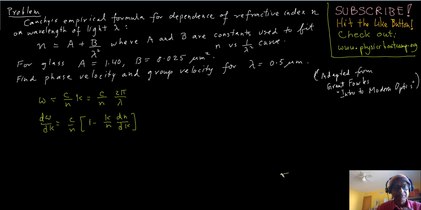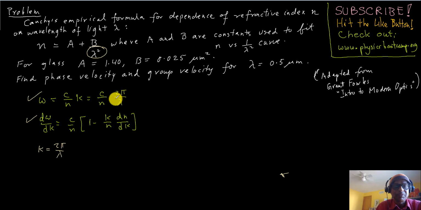Okay, so these are the things we have. When you look at this problem, usually these problems are given in lambda, and the formulas that we worked out are in k, and the relationship is k equals 2 pi over lambda. Clearly you can convert everything in lambda into k.